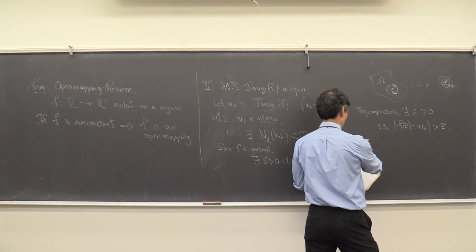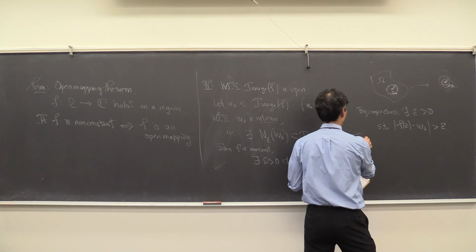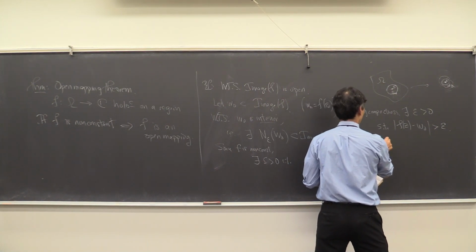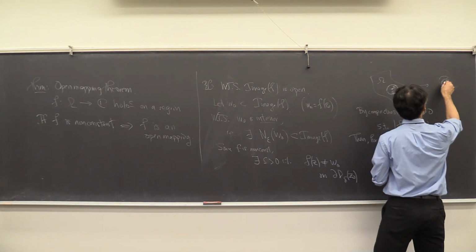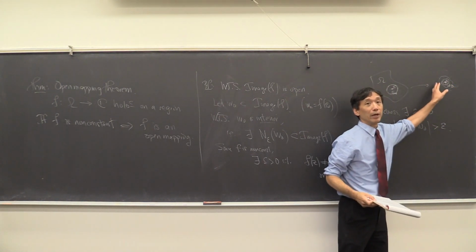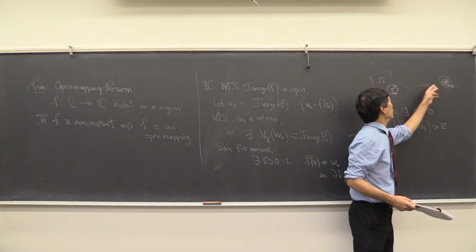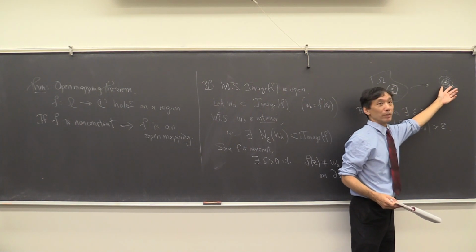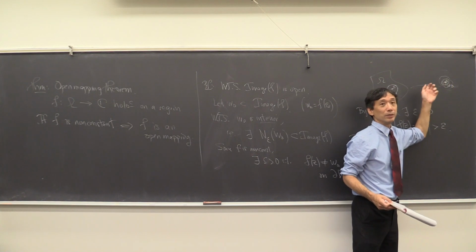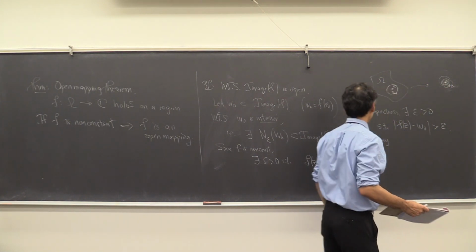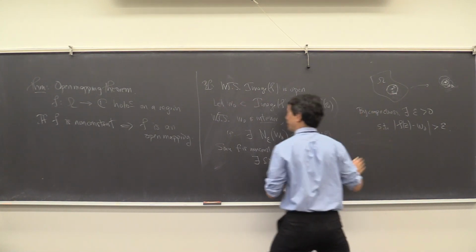So this epsilon neighborhood here is going to be the one that we cover, right? We're trying to show that W naught is interior to the image, and we're going to see that the epsilon neighborhood is covered by the function. So maybe let's go over here.